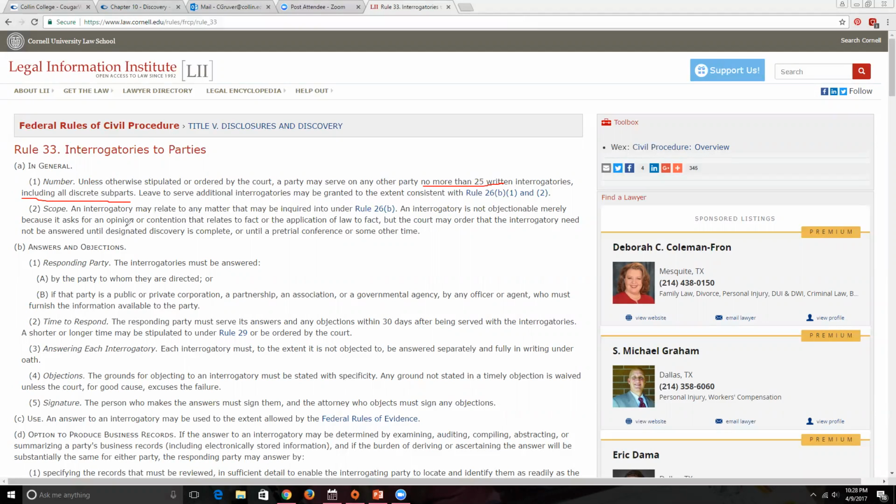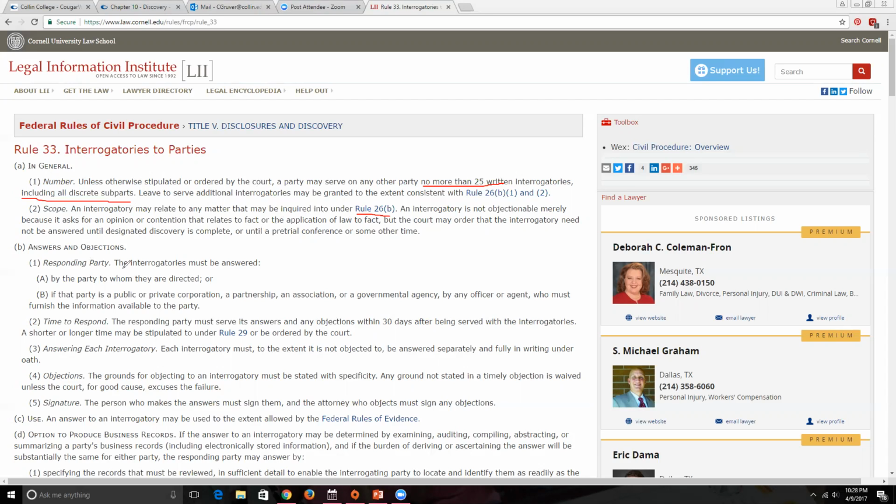Keep in mind, there are those automatic interrogatories that are asked, and those don't count against the 25. Again, there may be the ability to have more under certain circumstances. And the scope is anything that is covered by Rule 26(b). In other words, it has to be relevant, but it doesn't have to be admissible. All those things that we talked about in the earlier lecture.